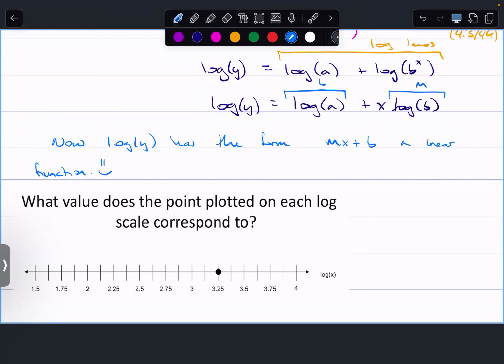The trouble is the interpretation is a little bit tricky, right? Because your output is no longer in terms of y, it's in terms of log y, right?